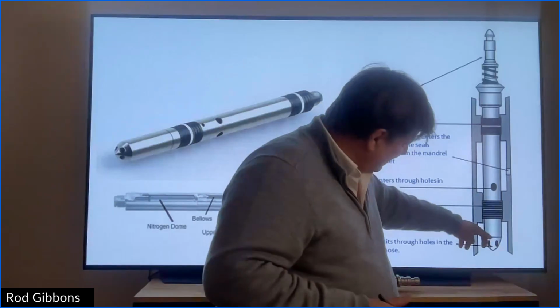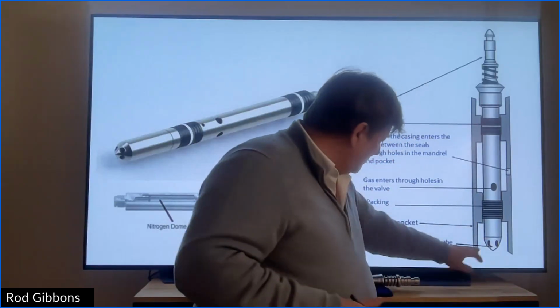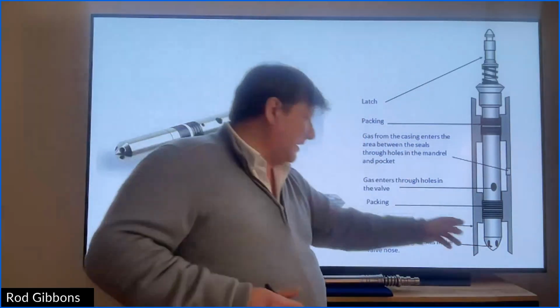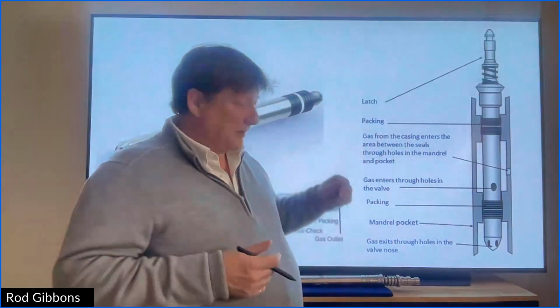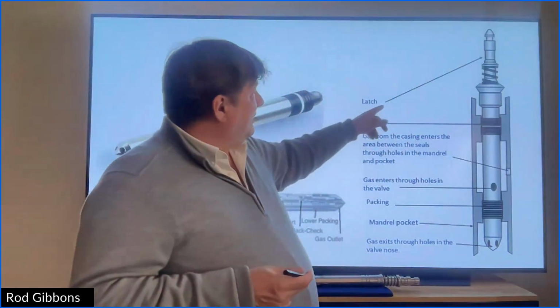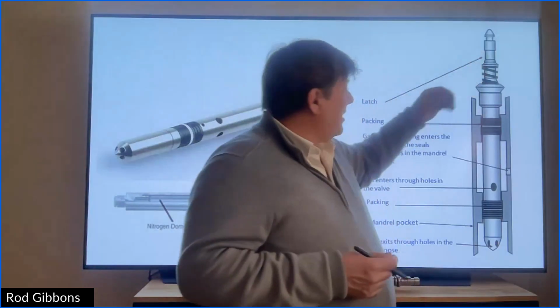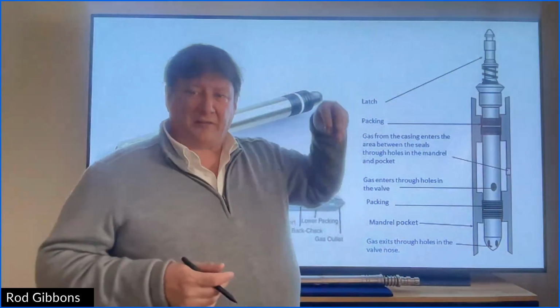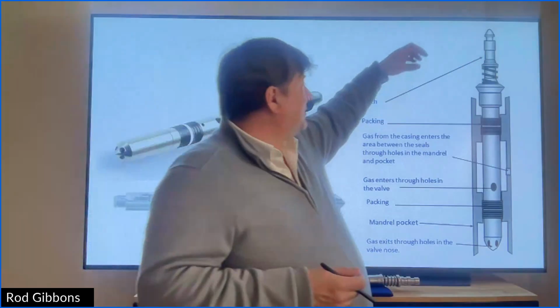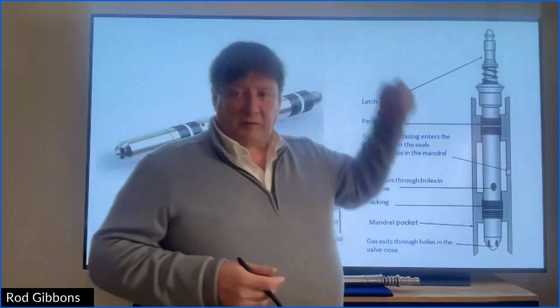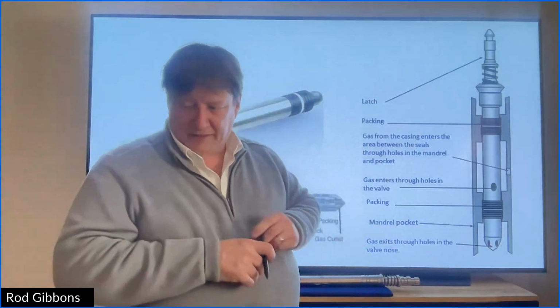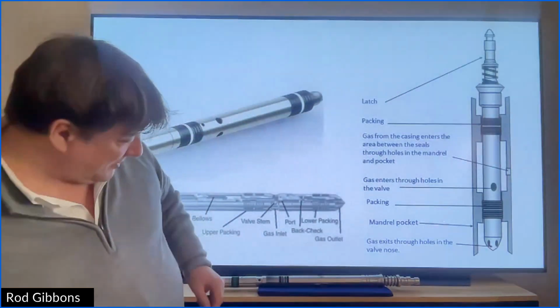There's a check valve here, and comes out the nose, and then the gas comes around the corner and goes into the tubing. There's a latch on the top that's for pulling and running the valve. So it's a bit of a fishing neck, so you can get on it and pull it out or set it.